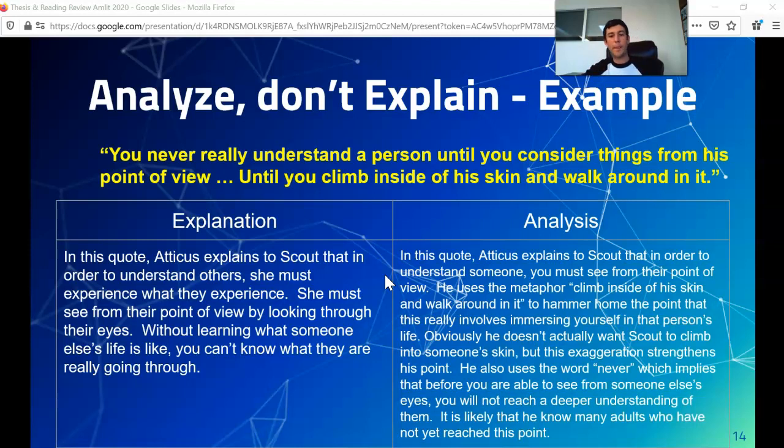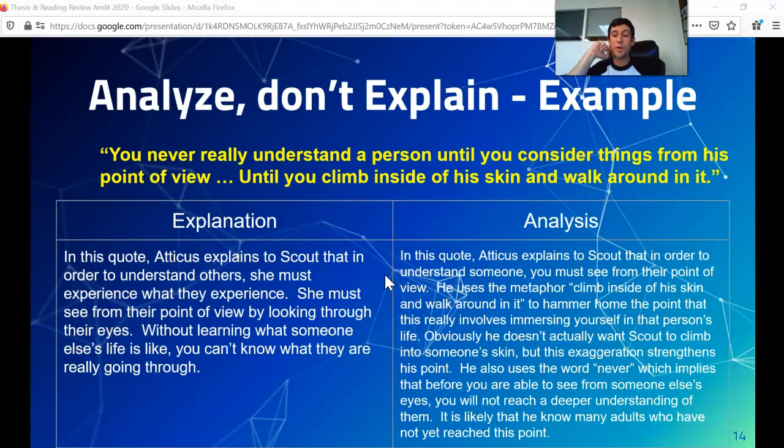Look at the example on the right. In this quote, Atticus explains to Scout that in order to understand someone, you must see from their point of view. He uses the metaphor, climb inside of his skin and walk around in it, to hammer home the point that this really involves immersing yourself in that person's life. Obviously, he doesn't actually want Scout to climb into someone's skin, but this exaggeration strengthens his point.